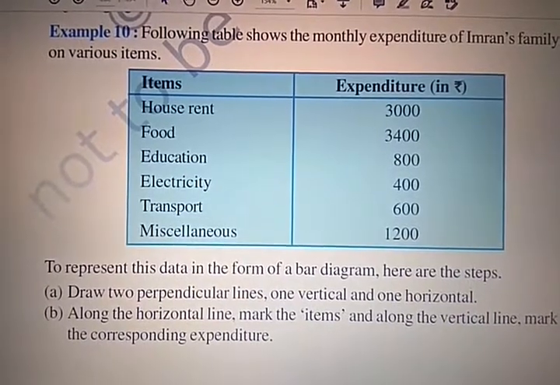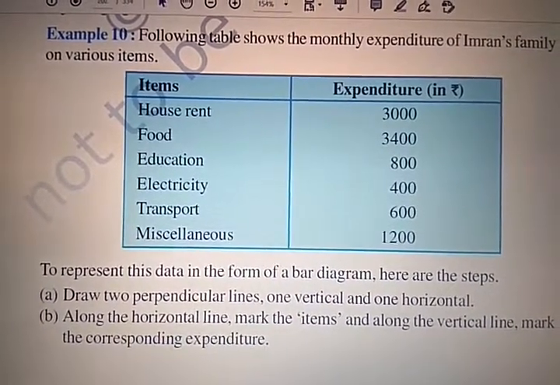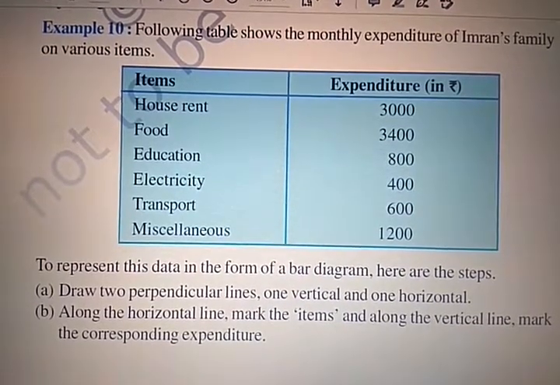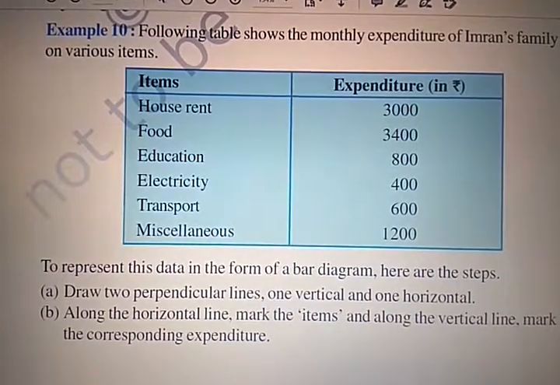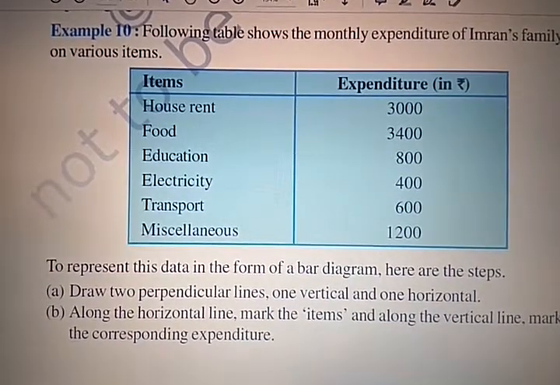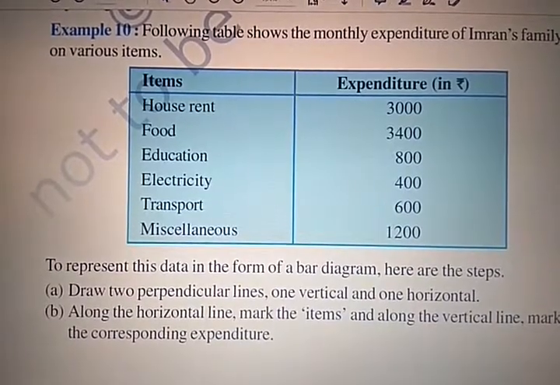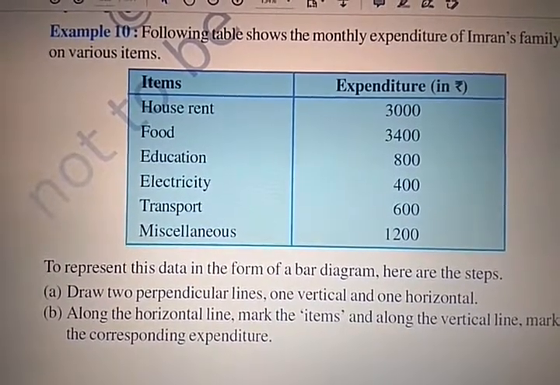The expenditure we write in rupees on the y-axis. Here the data: house rent 3000 rupees, food 3400 rupees, education 800 rupees, electricity 400 rupees, transport 600 rupees, miscellaneous cost 1200 rupees.